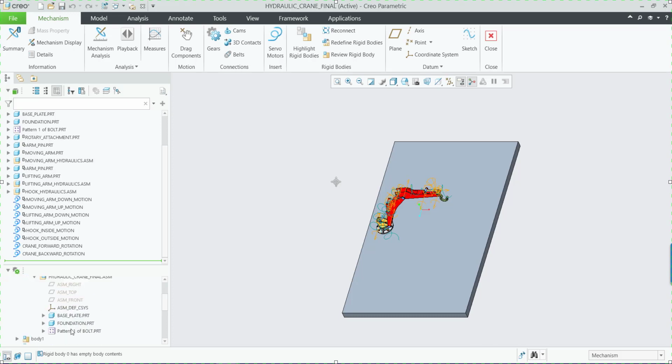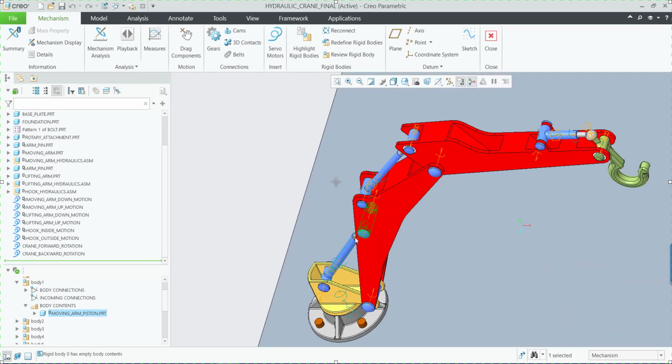So these three components, or rather 4 plus 2, 6 components, they constitute one single ground body. Then the second body, that is nothing but the moving arm piston, because the second body, moving arm piston, is only supposed to translate.